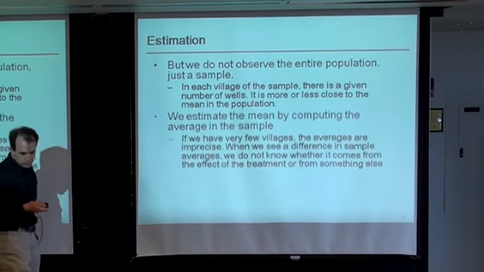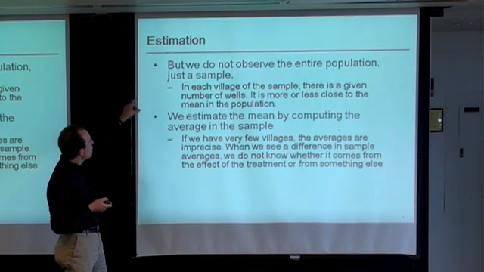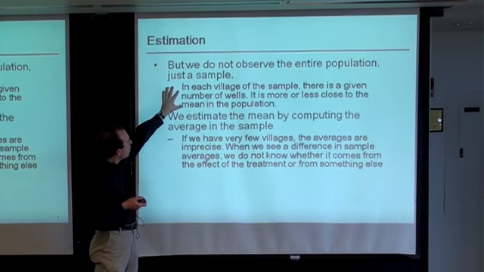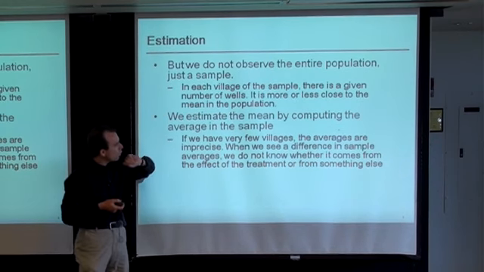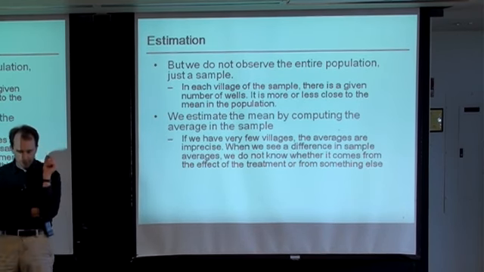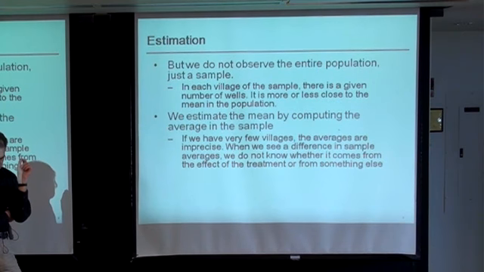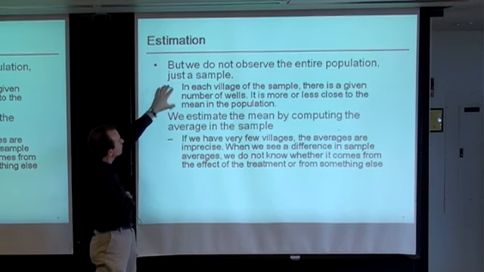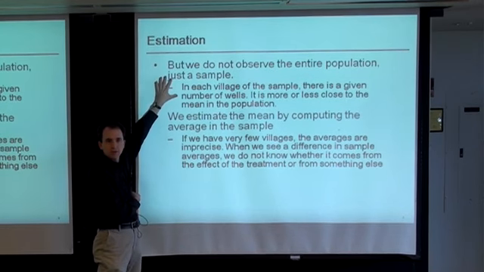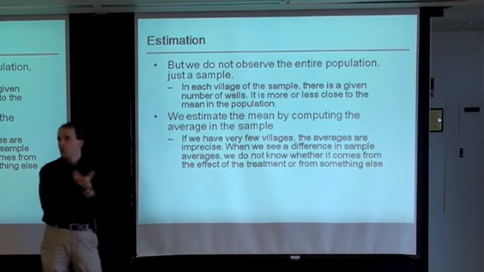Now, one of the reasons, so where does the noise come from? In some sense, we're not going to observe an infinite number of villages, right, or we're not going to observe all possible villages.